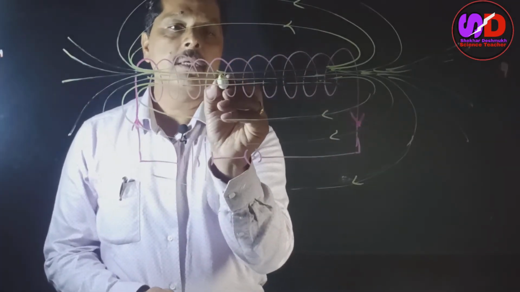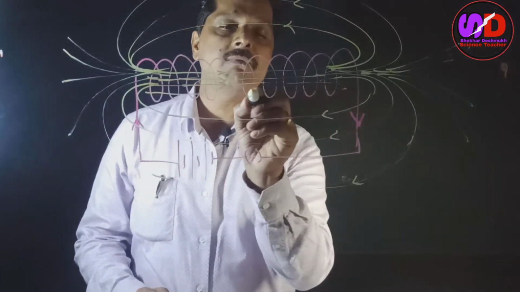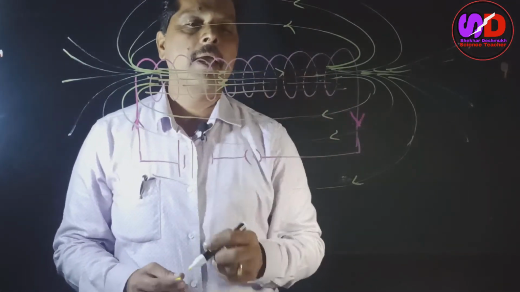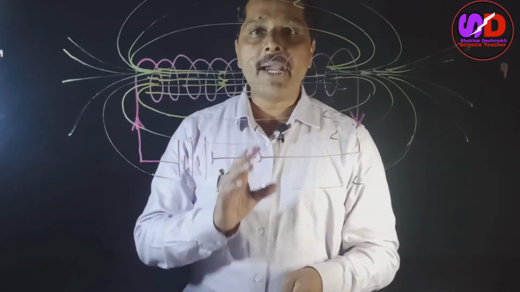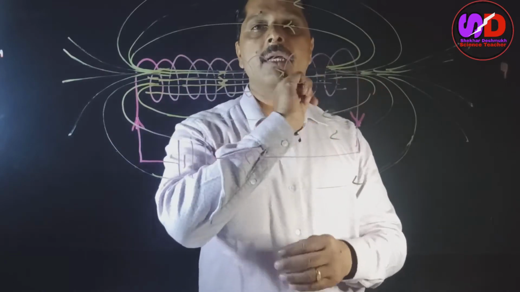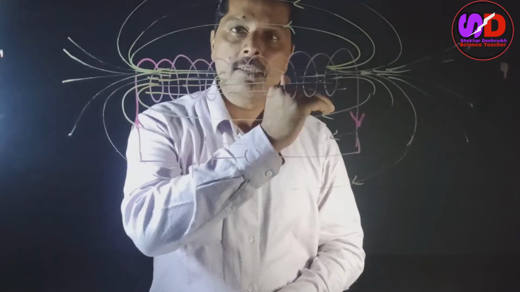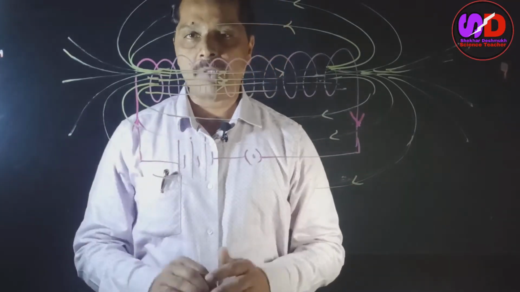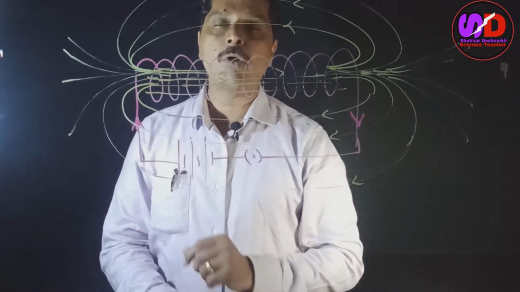That means the lines of force which are present here are parallel, in the same direction, and therefore we can say the magnetic field produced by a solenoid in the center of the loops is a uniform magnetic field. So the magnetic field produced inside the solenoid is uniform.